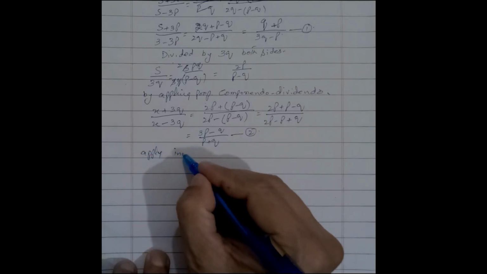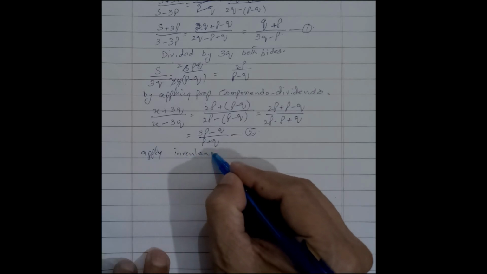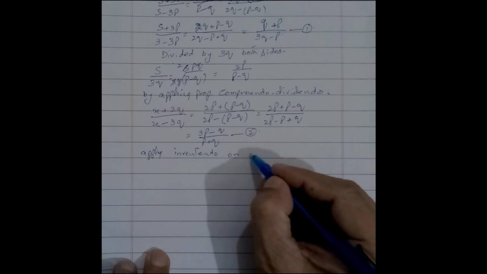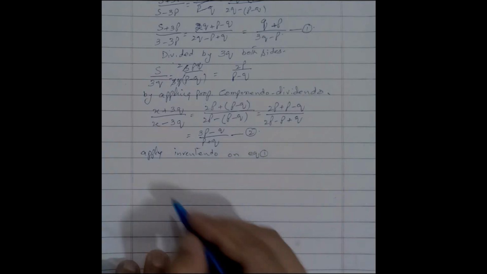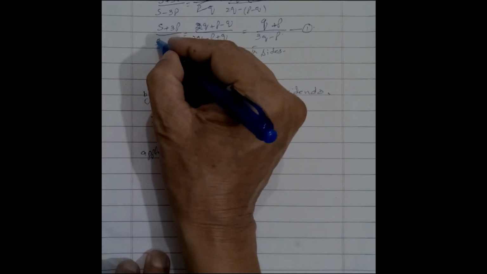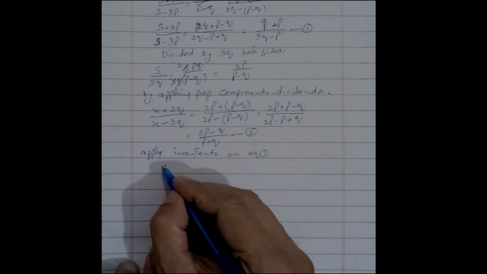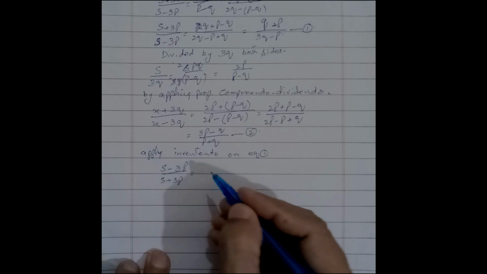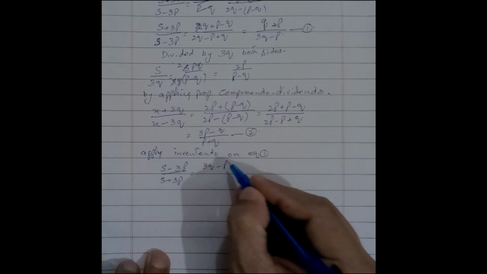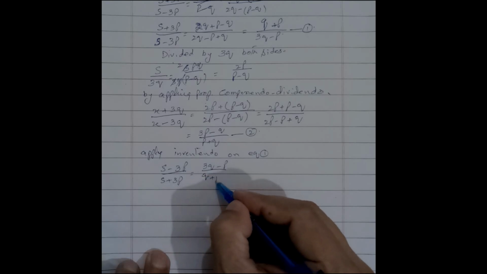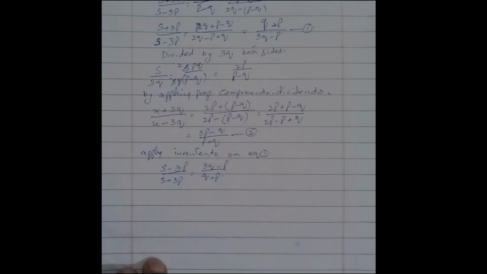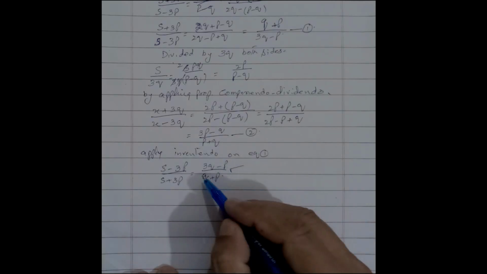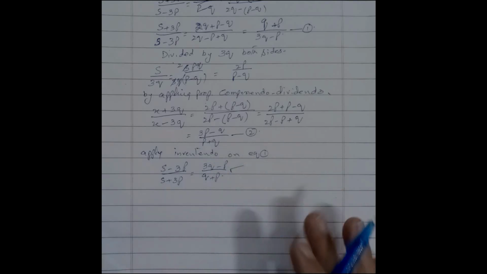Applying invertendo on question 1, we get s minus 3p over s plus 3p is equal to 3q minus p over q plus p, and we add both the values. This is question 1, then we simplify, and question 2, and we add them.